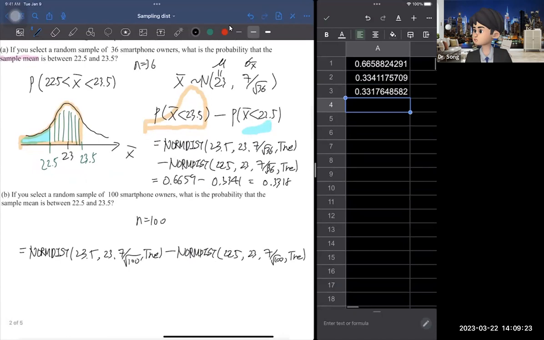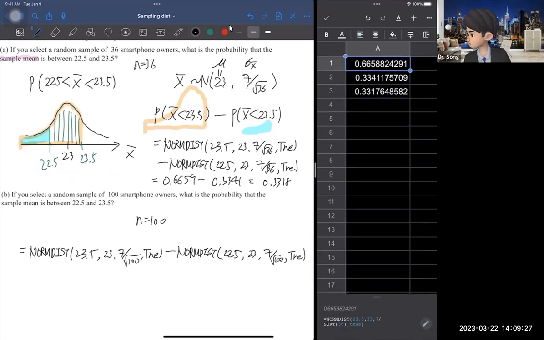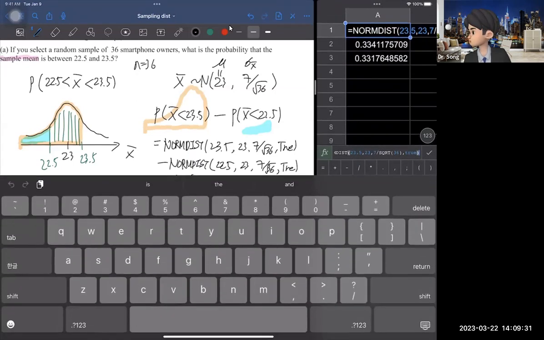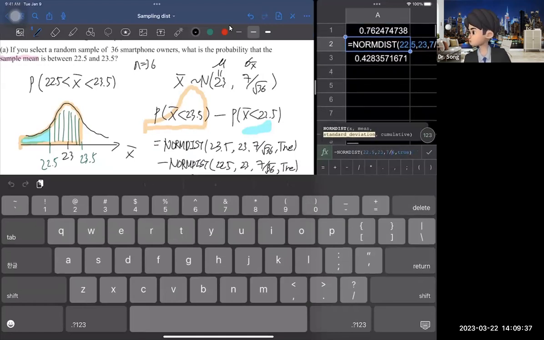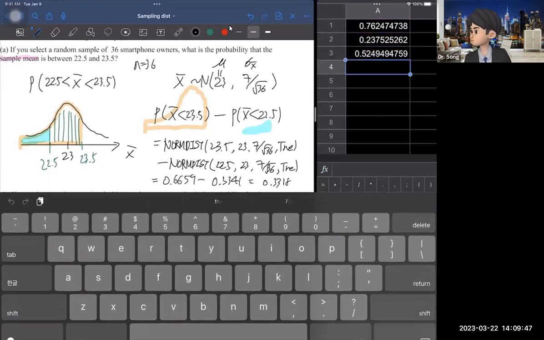Then let me show you. Let's reuse the Excel that we put before. So from here, let me just change the square root 36 to 100. And then the second one, 7 over square root 100 is just 10. So let me change the 6 to 10, enter. Then we get the answer.